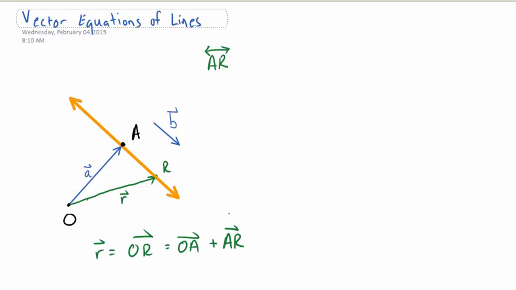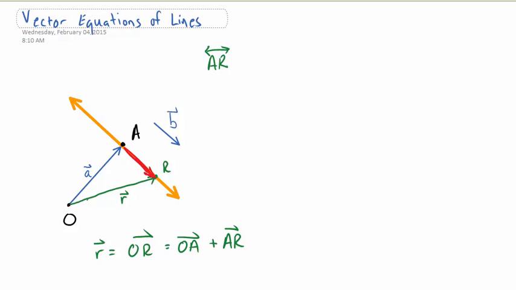Yes? Is that familiar to us from our introduction to vectors? R is the resultant from adding OA and vector AR. And wherever I put point R on this line, we would get this vector equation just like this. And we know that AR is parallel to some direction vector B.